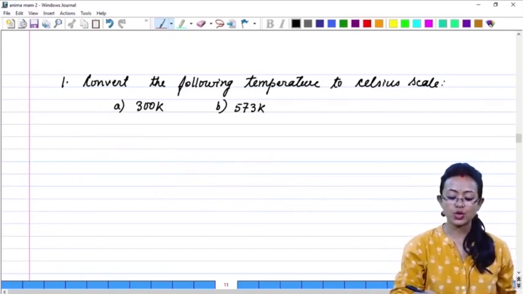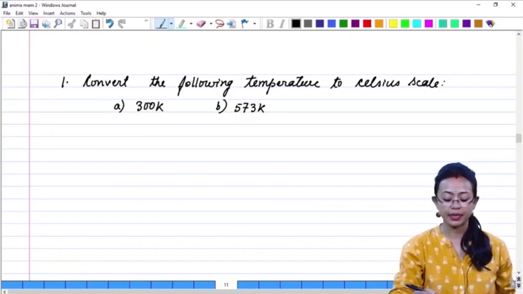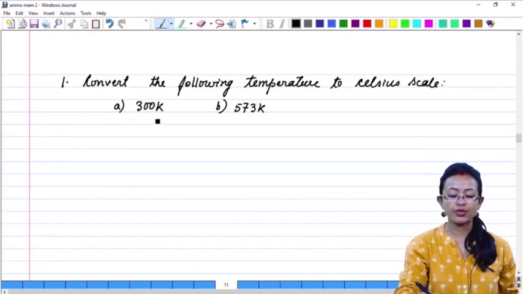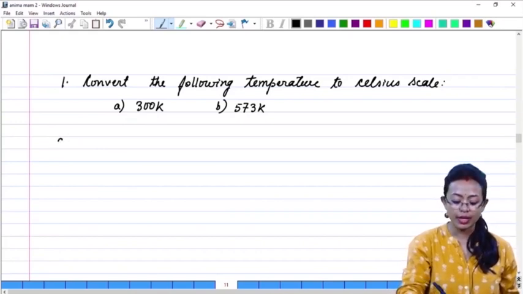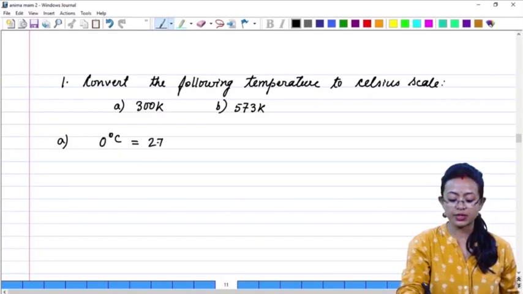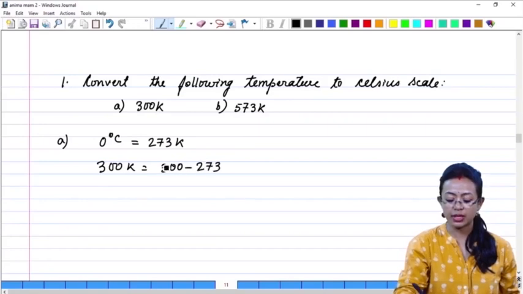Alright, now let us solve this question. Convert the following temperatures to Celsius scale. The first one is A, 300 Kelvin. Now as you know, 0 degrees Celsius is equal to 273 Kelvin. So 300 Kelvin will be equal to 300 minus 273 degree Celsius, which is equal to 27 degree Celsius.